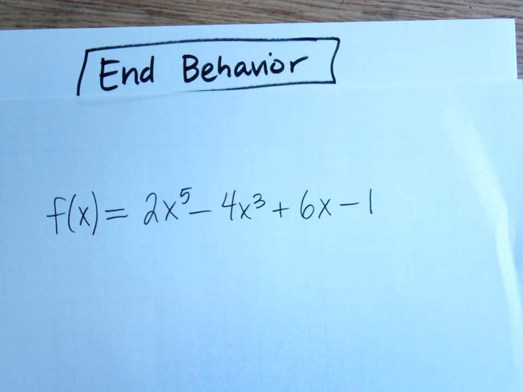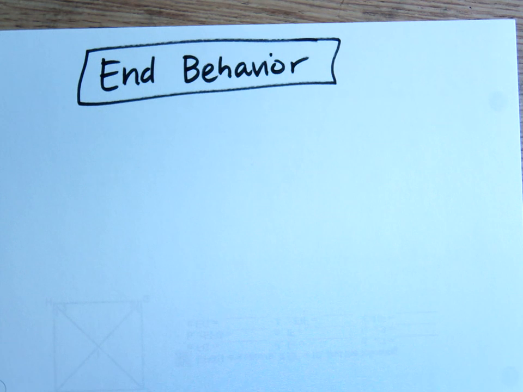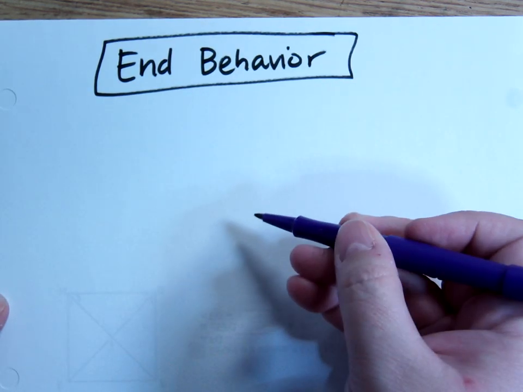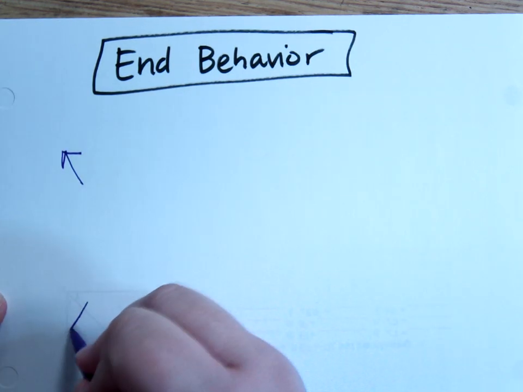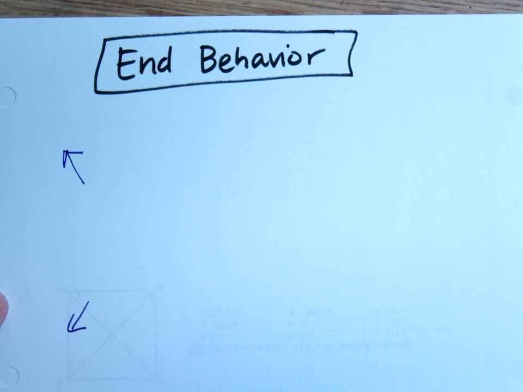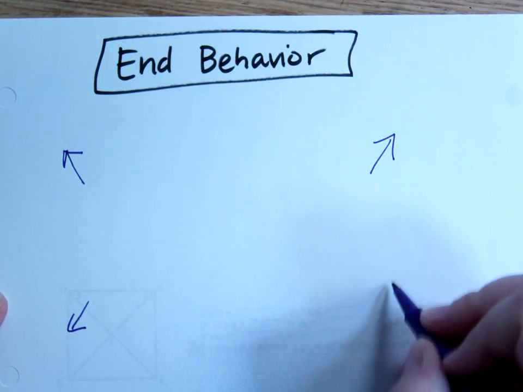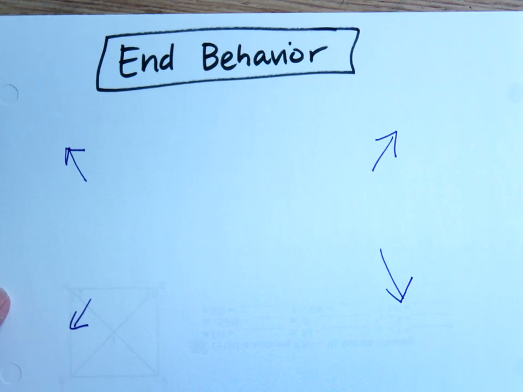If all we're interested in is what happens on the ends, basically you've got two options. On the left side of your graph, it's either going to point up or down. You also have two options on the right side: it's either going to point up or down. So there's a limited number of combinations.